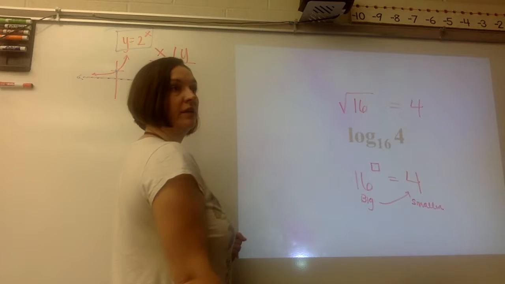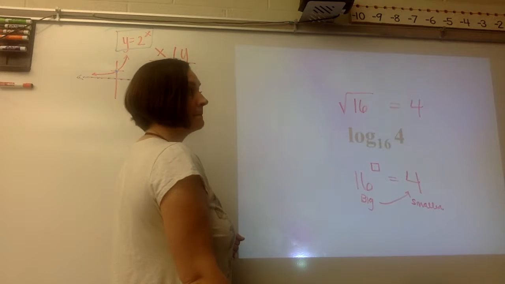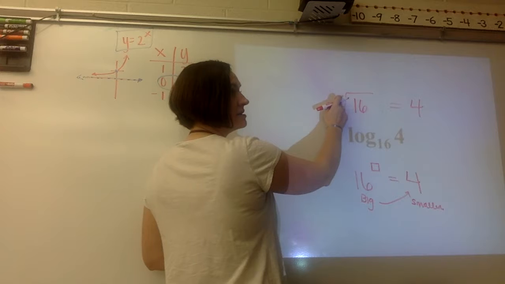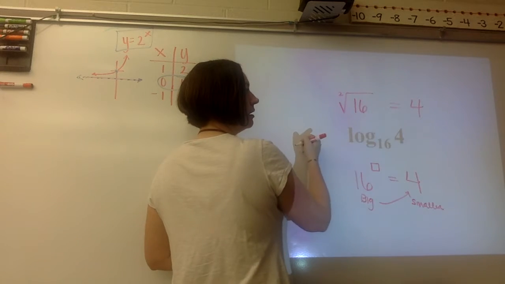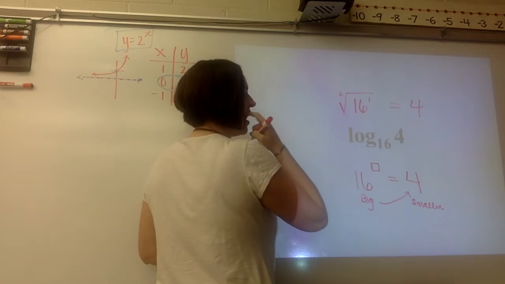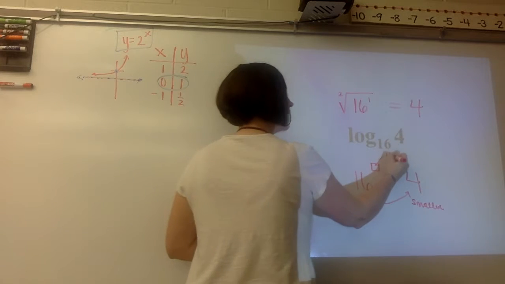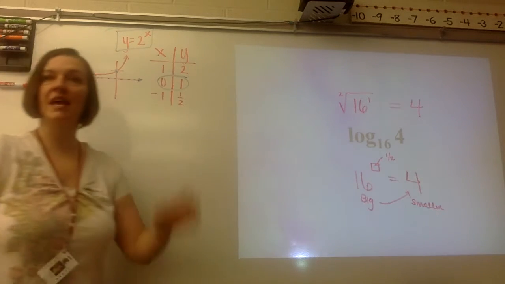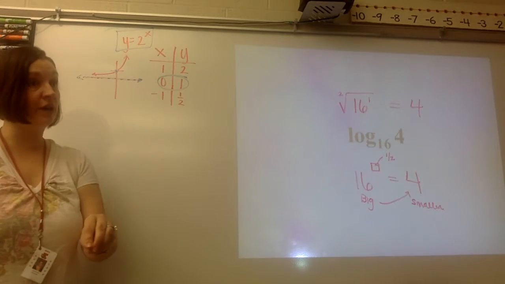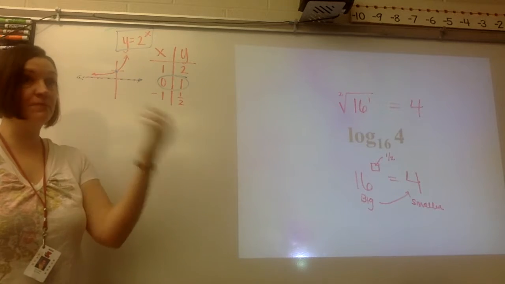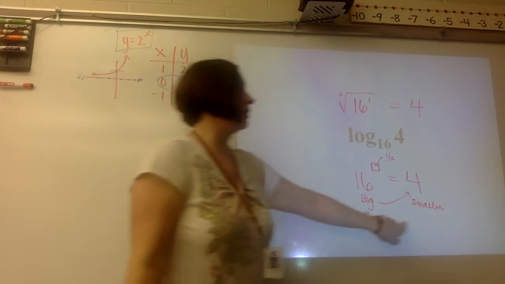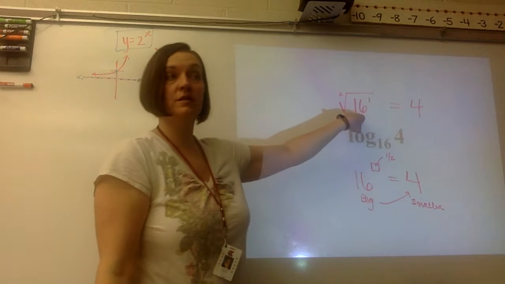What's the exponent form of that? What's the index? 2. What's the power? 1. So that tells me that this value has to be 1/2. The only way to take a base and make it smaller, with the exception of the 0 power, is going to be using some sort of a root.